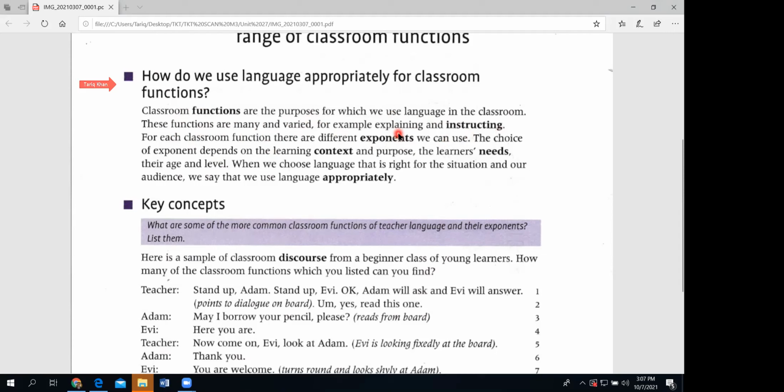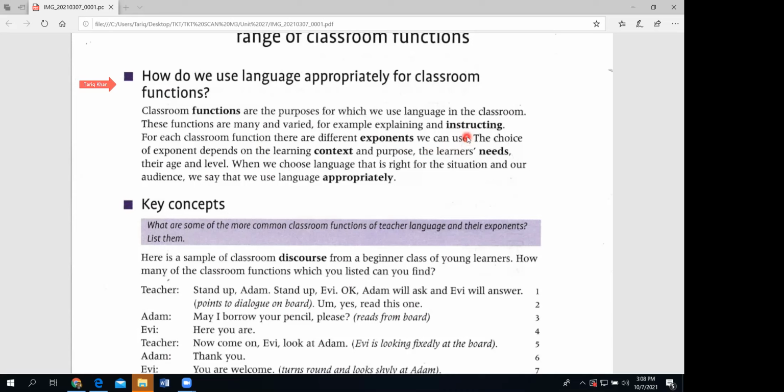Now, when we say explaining, what we do in it, we will go through the dialogues and see when we do instructing, what's the difference it makes with explaining. For each classroom function, there are different exponents we can use. Sentences, the words which we say for different functions.